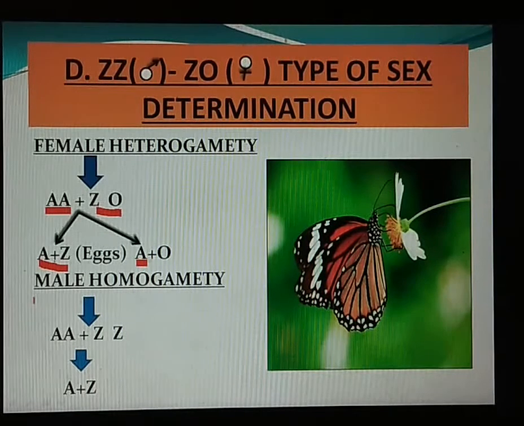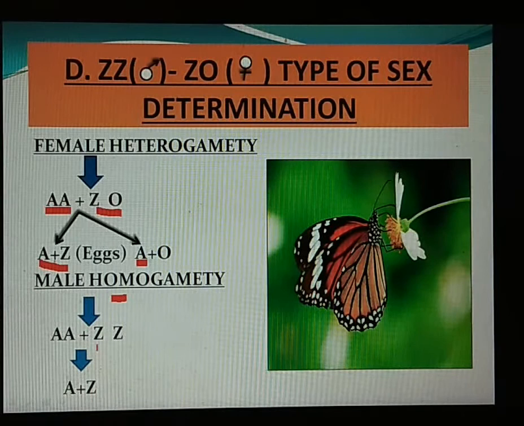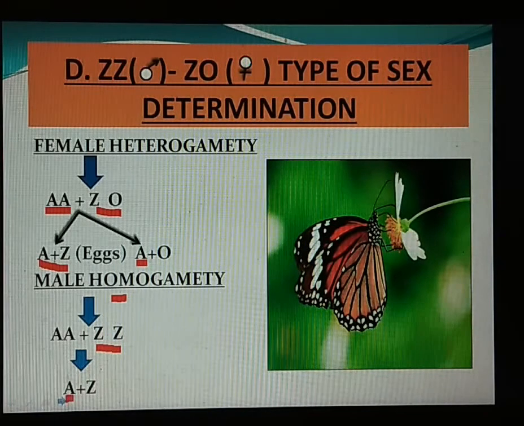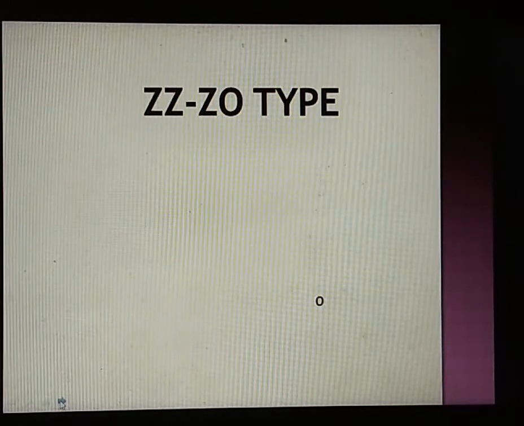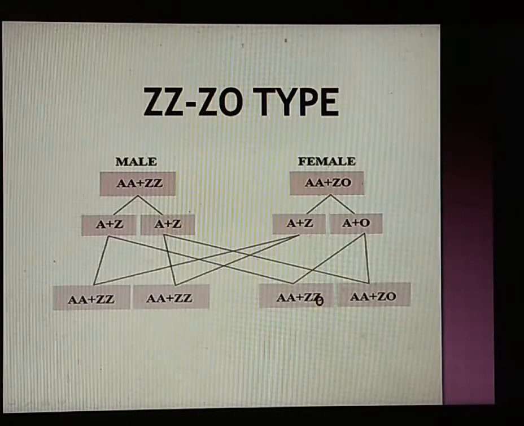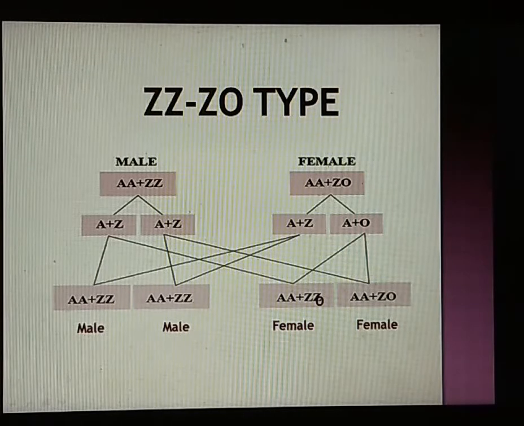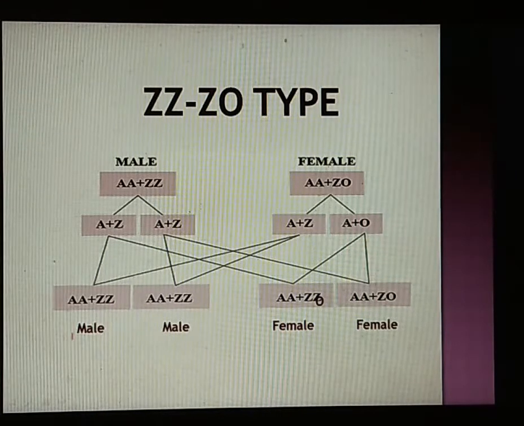Whereas in male homogamety, as it is said, homo, similar kinds of gametes will be formed since the sex chromosomes are of similar types, okay? So that will be autosomes with the Z chromosome. So here we see that when the males produce similar kinds of gametes and they fuse with the gamete or egg which is having the Z chromosome, it will produce males here, okay?